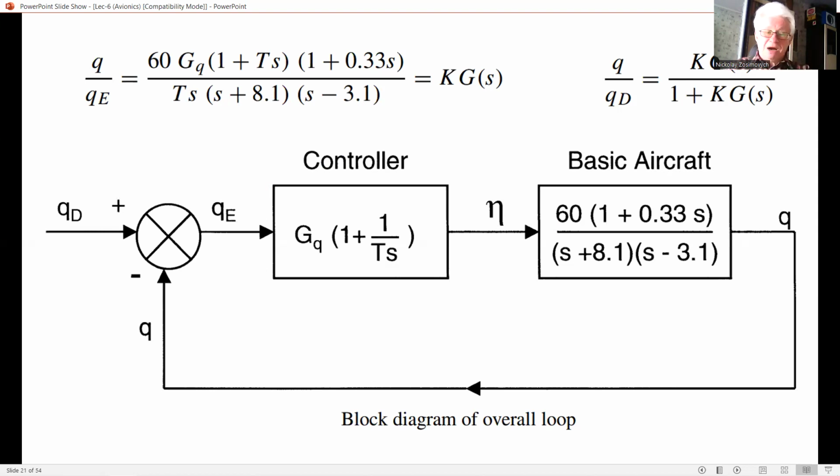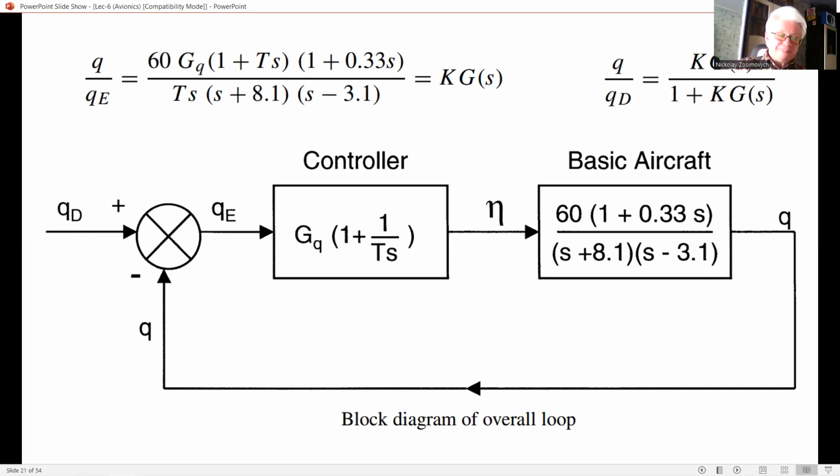This pitch rate demand loop can be stabilized by a controller with a transfer function G_q. As in this slide, G_q is the controller gain, in degrees of control surface movement per degree per second of pitch rate error.